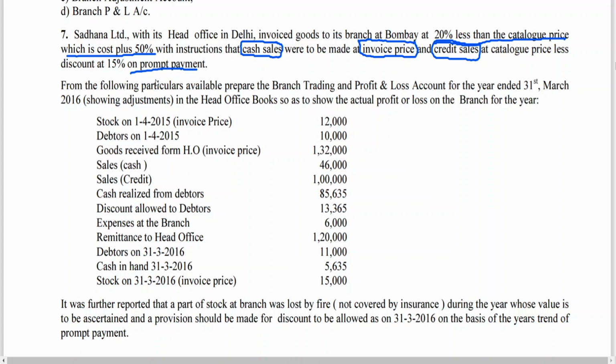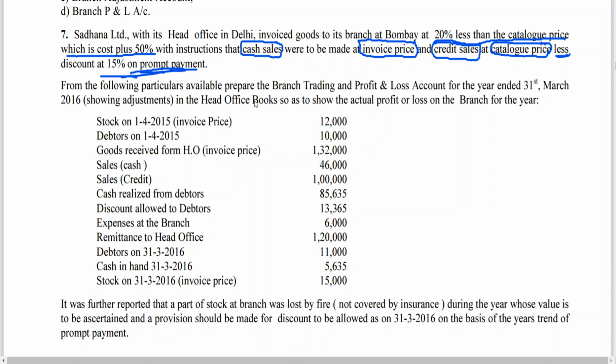Is this clear? So 20% less than catalog price, which is cost plus 50%, with instruction that cash sales were to be made at invoice price and credit sales at catalog price, less discount at 15% on prompt payment.